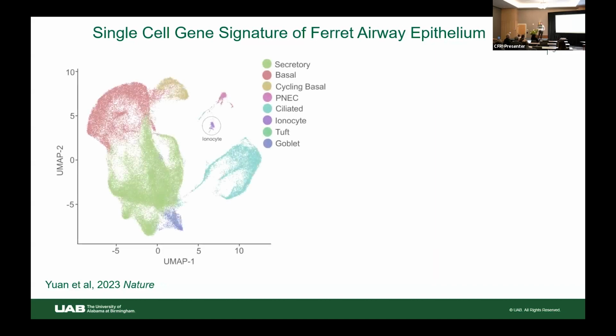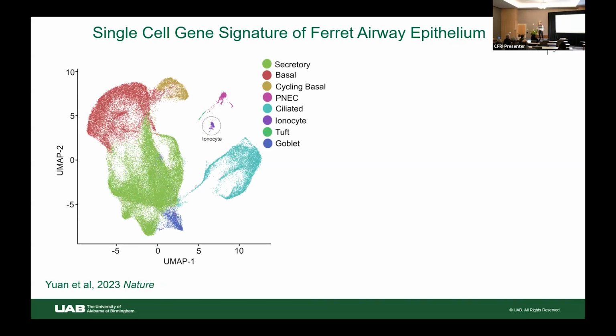The first study we did used single cell RNA sequencing to create a single cell map of the ferret airway epithelium. From this study, we found all the major cell types present in the ferret airway epithelium: secretory cells, basal cells, cycling basal cells, and ciliated cells.